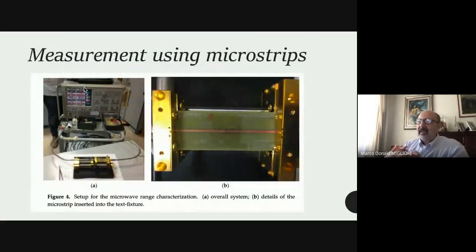Of course, calibration depends on the specific measurement and on the specific device. For example, we have calibration optimized for microstrips.